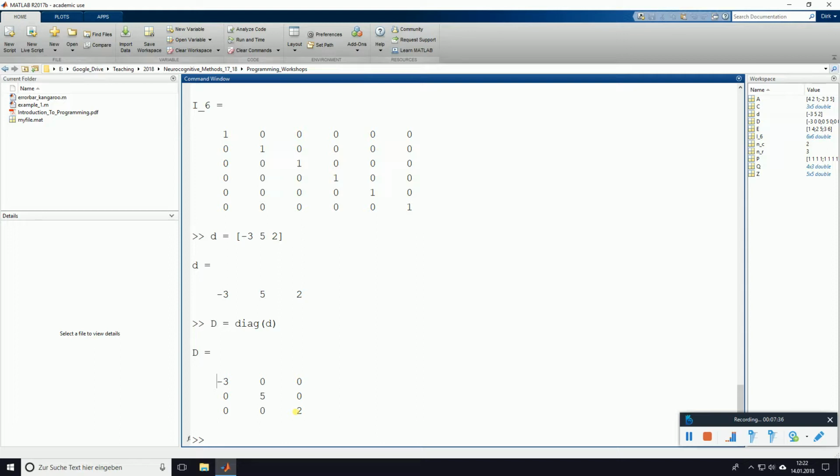This can also be extended with matrices.